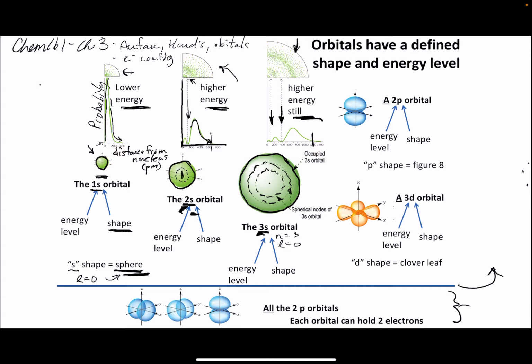So as we go to a higher n value for the ns orbital in question, we expect the size to be correlated to that n value, and also the position of that orbital on an energy scale, as we'll see later in this video. Okay, so those are just the s orbitals.